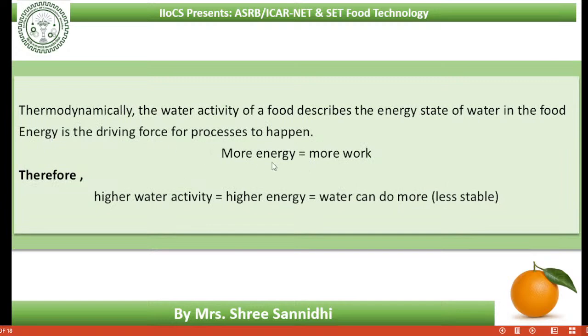More energy means more work. Therefore, higher water activity will have higher energy that will allow the water to do more work. That means the food becomes less stable. So we want to convert this higher energy state to a lower energy state to reduce the water activity and then increase the stability of food.